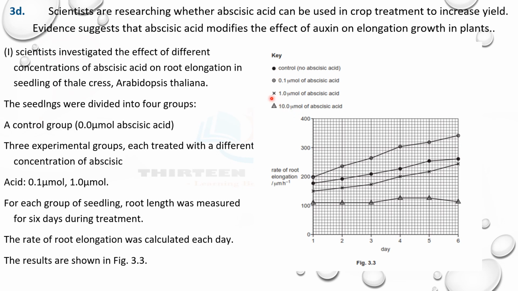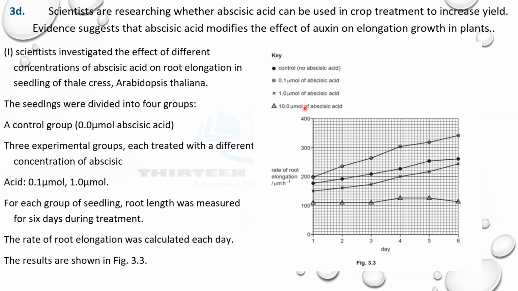You can see that the control and the 0.1 micromole abscisic acid group increase more than the 1.0 micromole of abscisic acid. So that's what they want you to do to describe this graph. What does it mean to describe it?